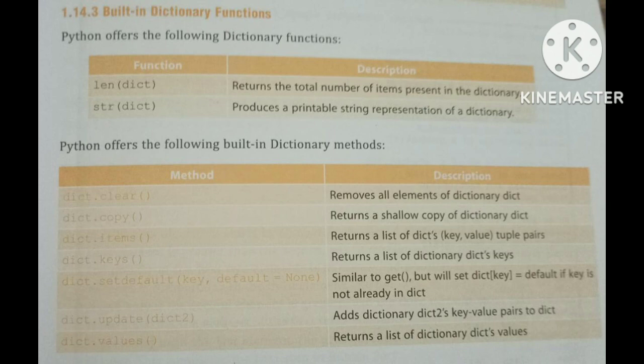Dict.setdefault is similar to get but will set dict key default if key is not already in dict. Dict.update adds dictionary dict2's key value pairs to dict. Dict.values returns a list of dictionary dict's values.